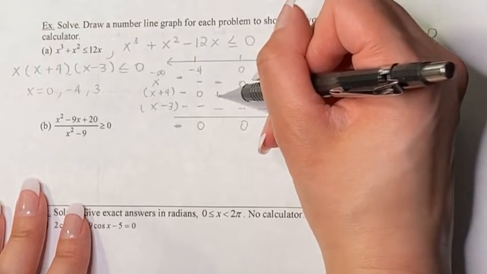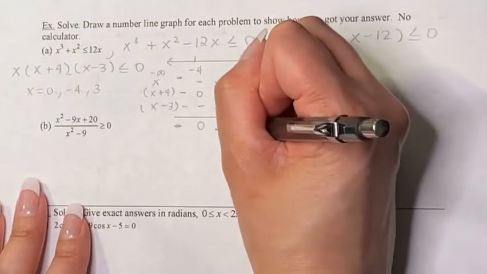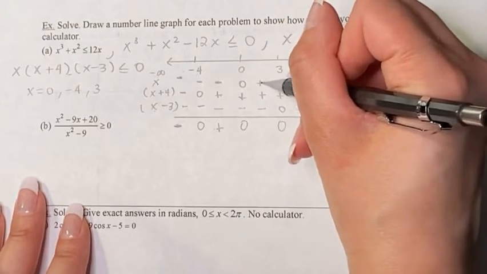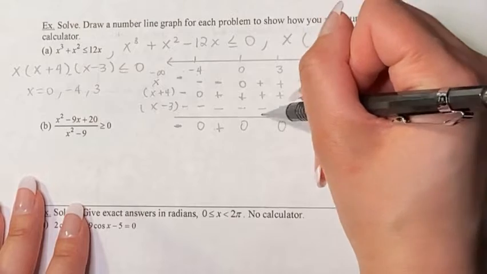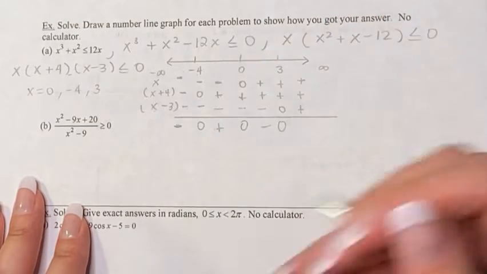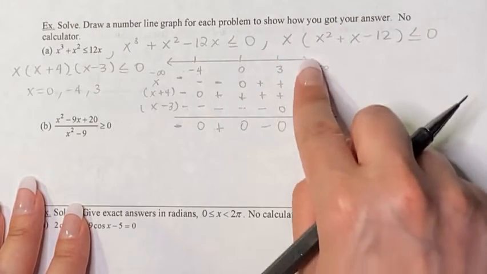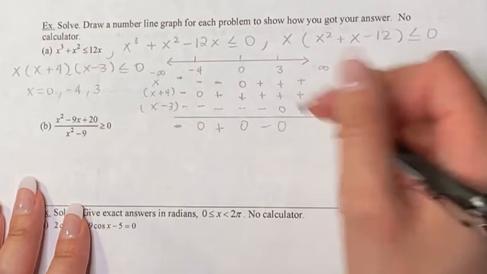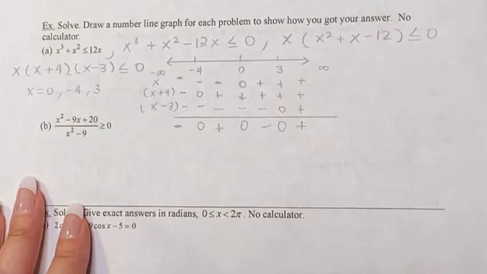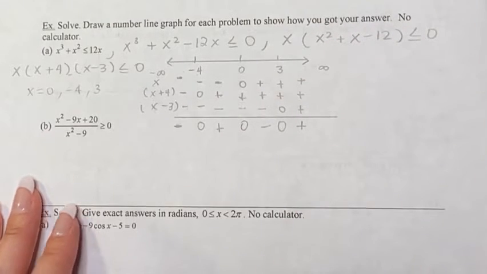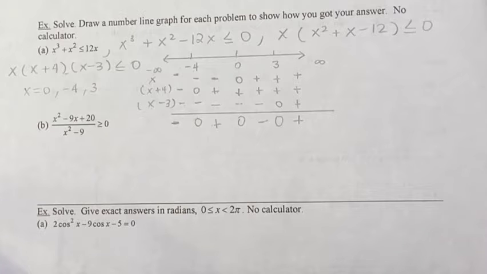Negative times positive is negative, times a negative is positive. Over here, positive times a positive is positive, times a negative, surprise, surprise, negative. Then over here, all positives, this is going to be positive. If you remember from Algebra 2, I was highlighting back in the day.